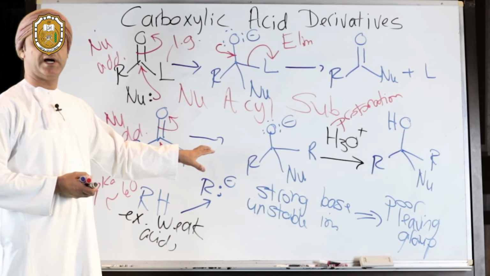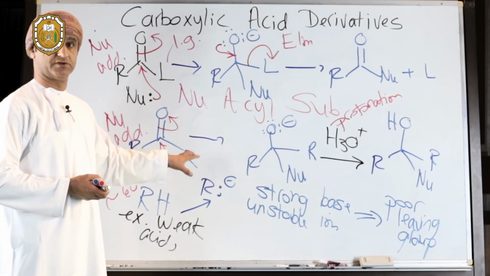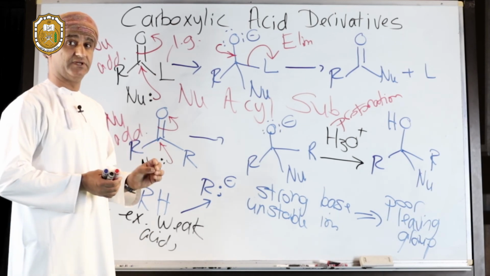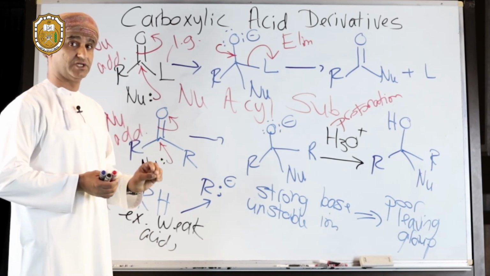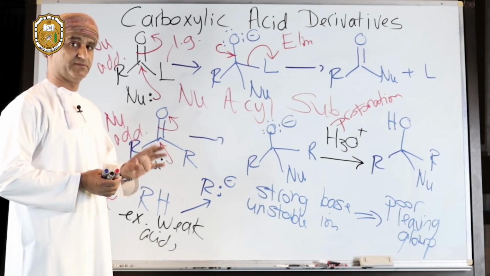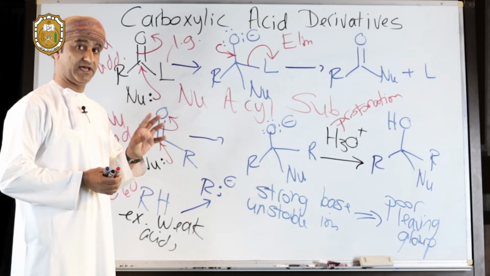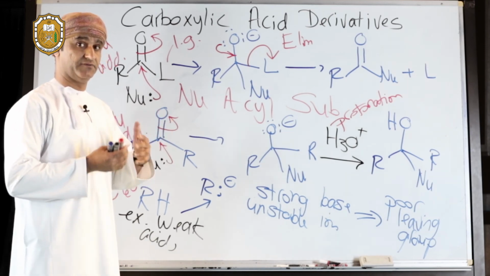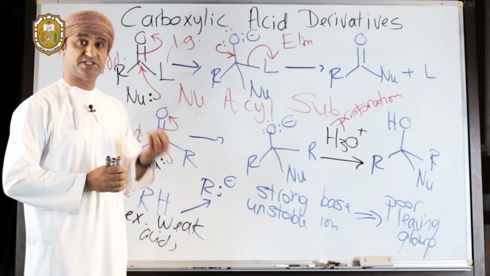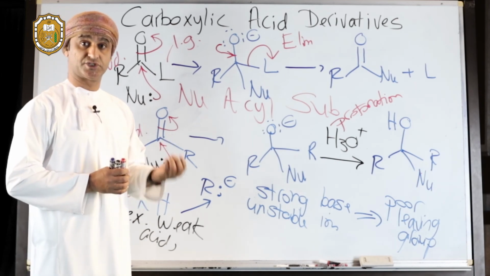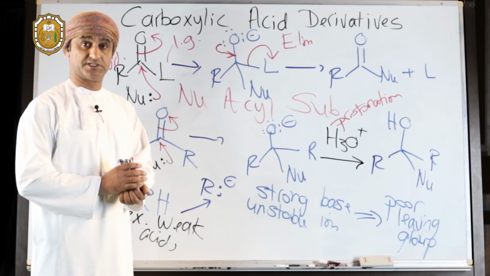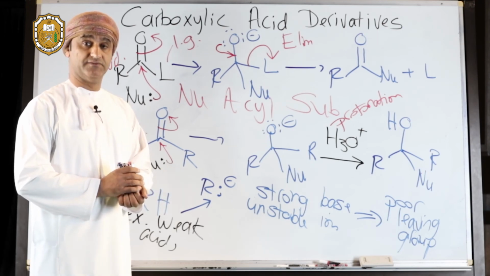So that's exactly why ketones, for example, do not undergo nucleophilic acyl substitutions, because they lack a leaving group or a potential leaving group. Aldehydes are very, very similar. Aldehydes have H minus, the hydride ion. If you want to judge its leaving group ability, H minus, the hydride ion, is a very strong base. It's an unstable ion, and therefore it's an extremely poor leaving group.